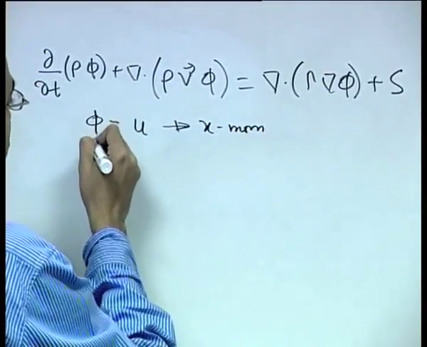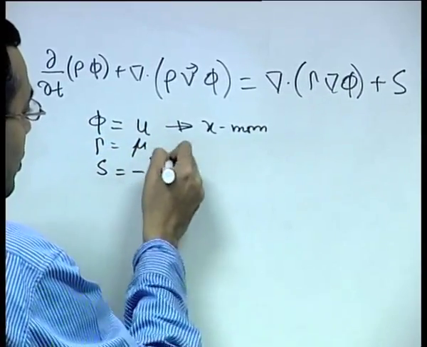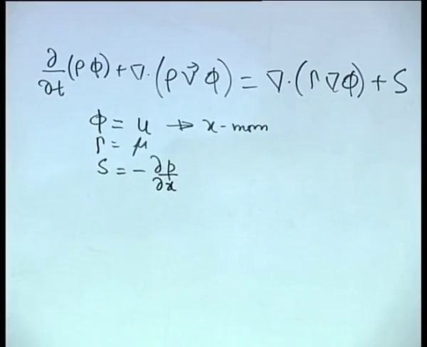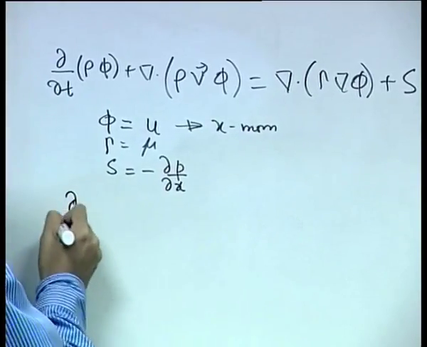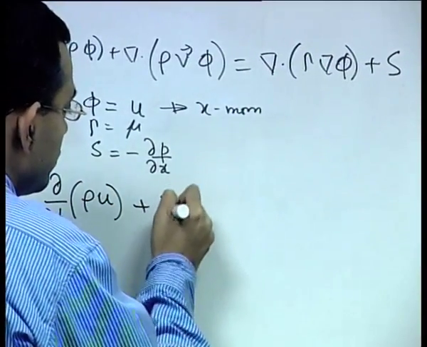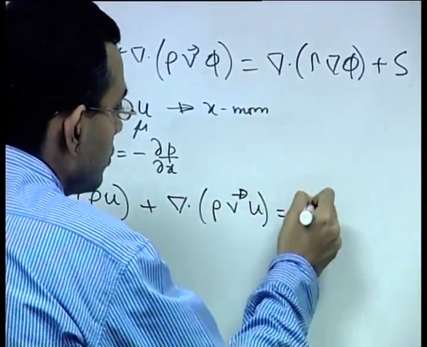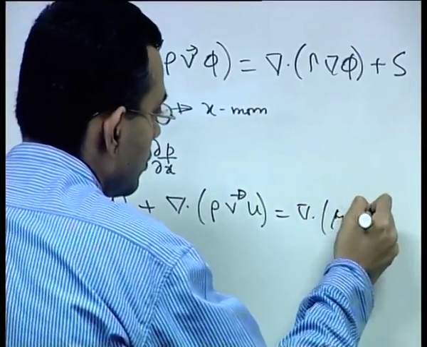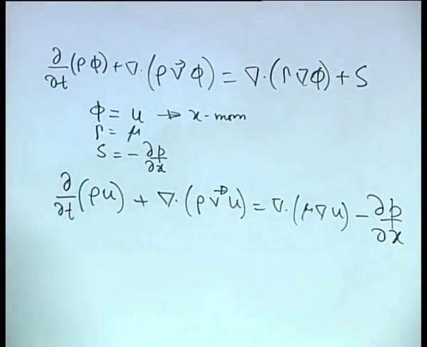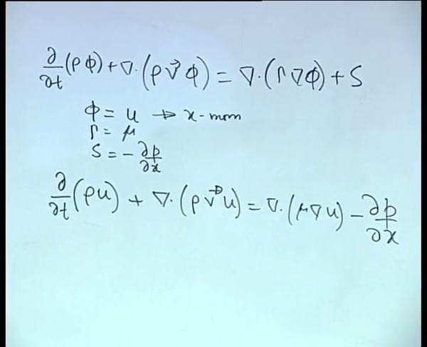Phi equal to u, gamma equal to mu, and s is negative of the pressure gradient along x. There is no extra body force along x. So, this is the momentum equation.